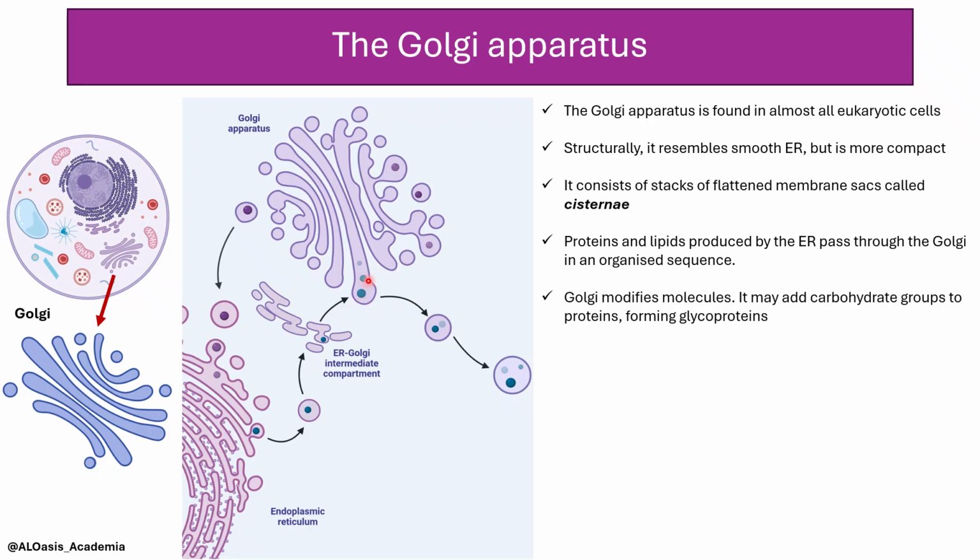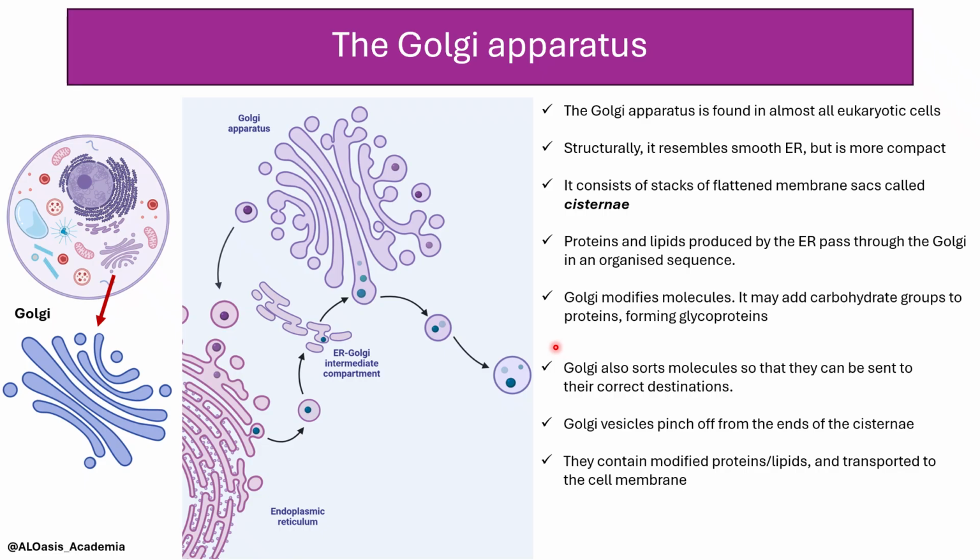So when the protein enters the Golgi, it is modified. For example, it can add carbohydrate groups to proteins, forming glycoproteins. So the protein that was made by the endoplasmic reticulum, once it enters the Golgi, turns into a glycoprotein because a carbohydrate group was added to the protein.